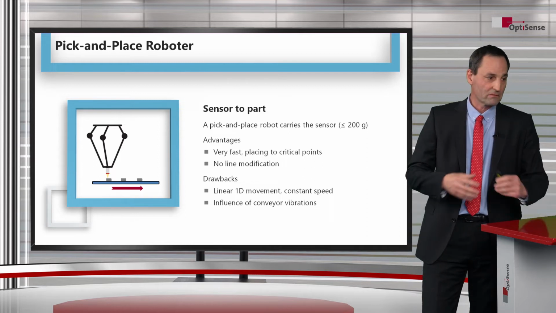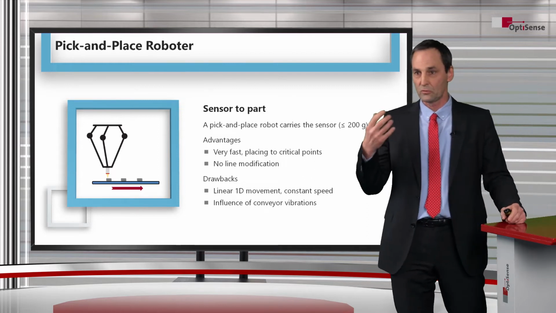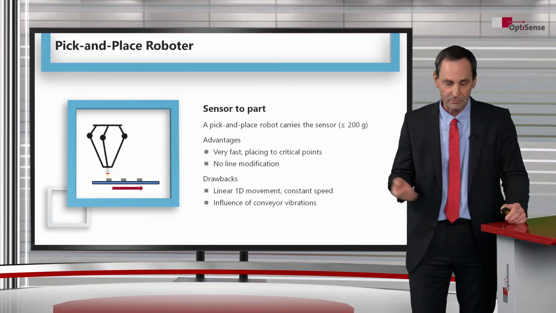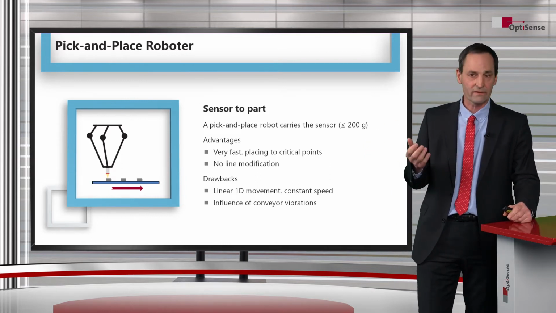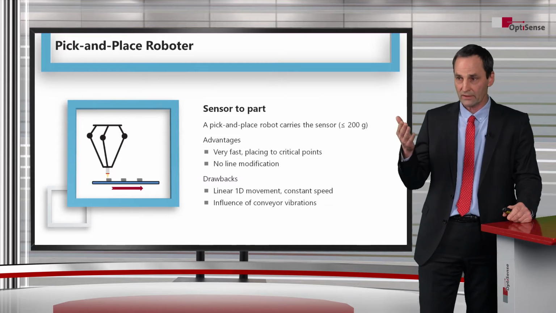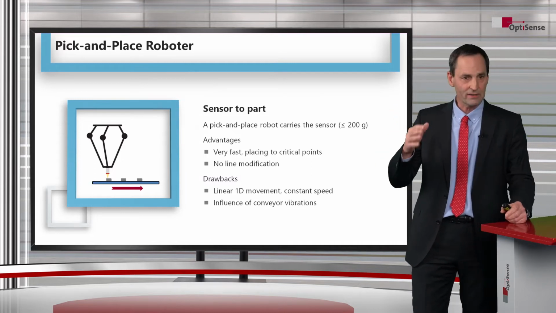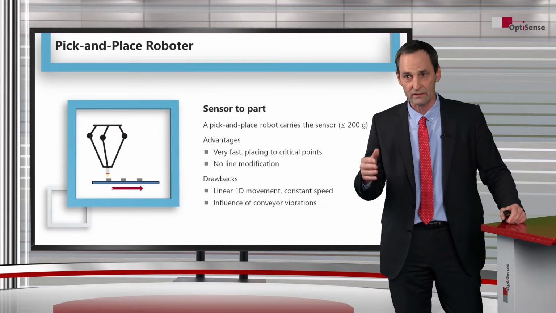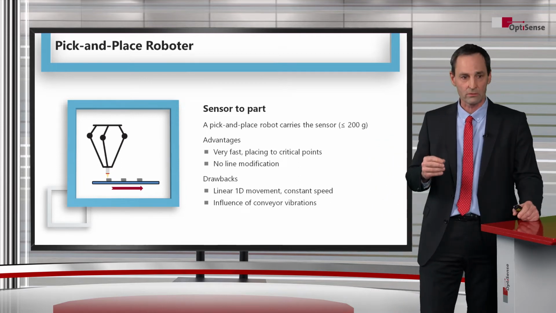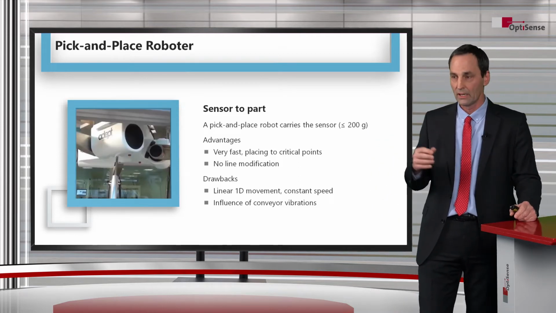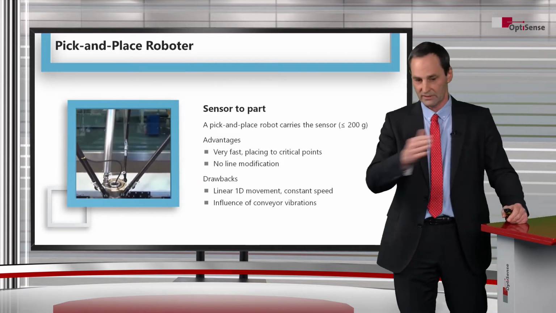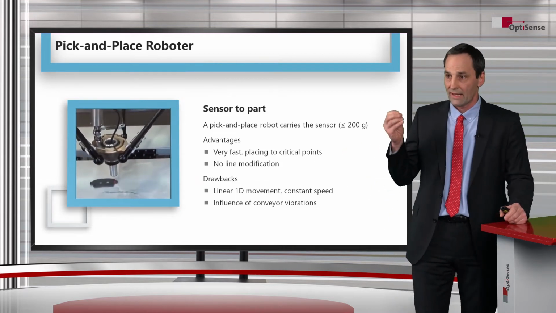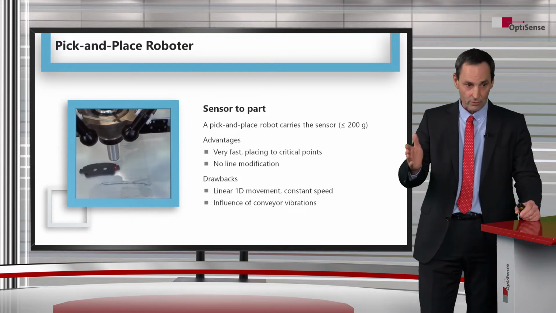Okay, what different possibilities do we have to get high speed and high throughput? We'll have to look at an inertial system. Inertial system means if you have a very light sensor and put it not on a 6-axis robot, but on a so-called pick-and-place robot, we are talking about a factor of 10 more speed between different positions. Then you are able to get to these critical points.